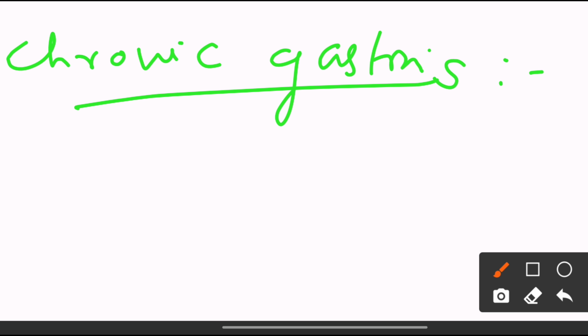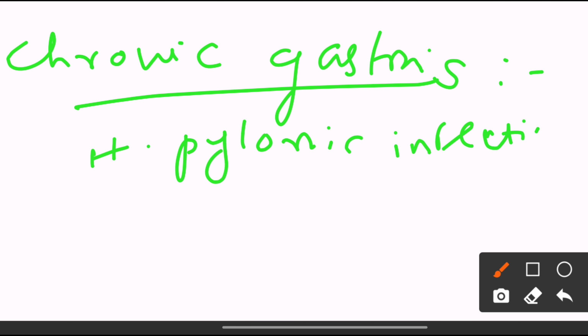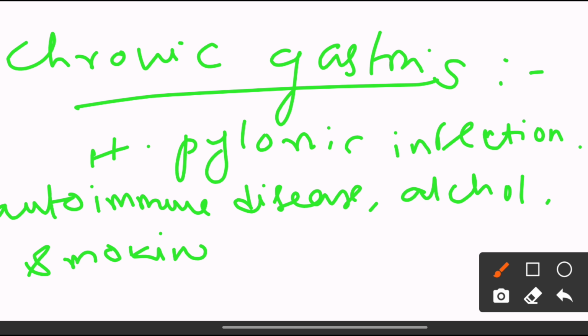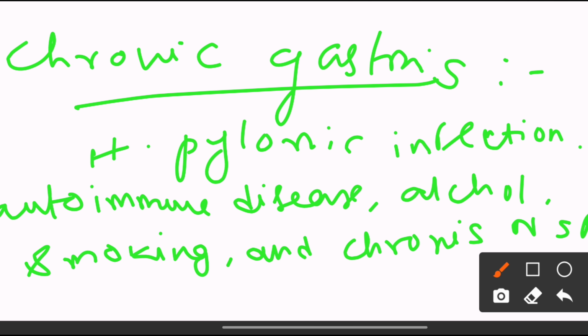Long-standing inflammation leading to atrophy of the gastric mucosa, associated with H. pylori infection, autoimmune disease, alcohol, smoking, and chronic non-steroidal anti-inflammatory drug use. It can lead to peptic ulcer disease or gastric carcinoma also.